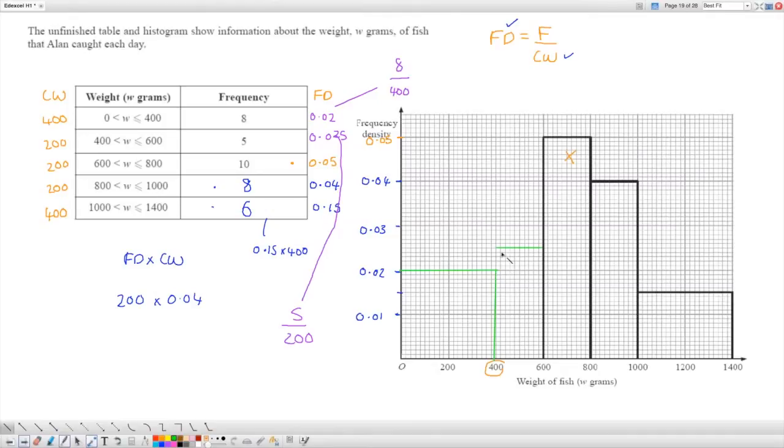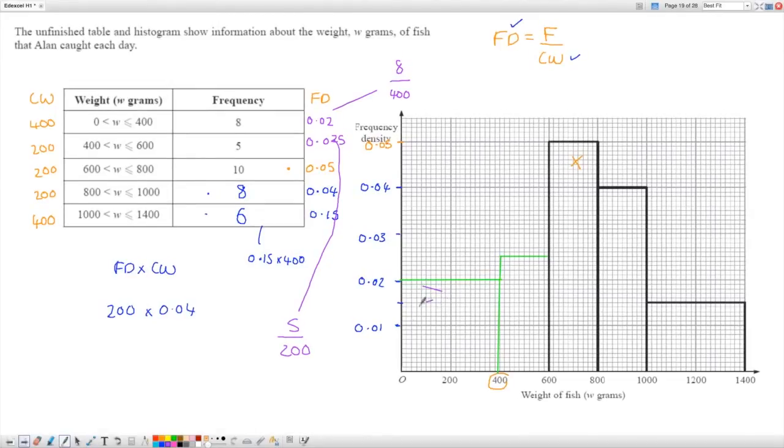Gives us our bar. So we can see here now that our first bar is shown here and our second bar here. So now we have a completed histogram and a completed frequency table here with our working out for class width and frequency.